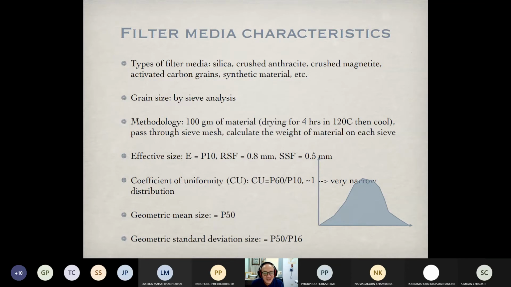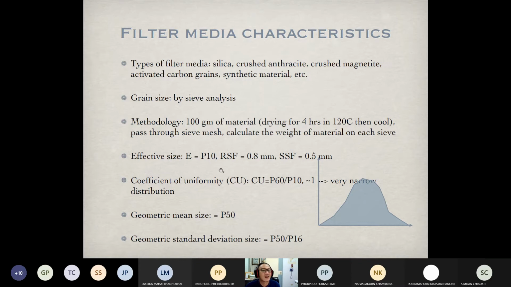For the sieve analysis, we normally take like 100 grams of the material and dry it for at least 4 hours at 120 degrees Celsius and then cool. Pass this material through the sieve mesh, then plot the curve, calculate the weight percentage, and establish the curve. Determine the effective size.